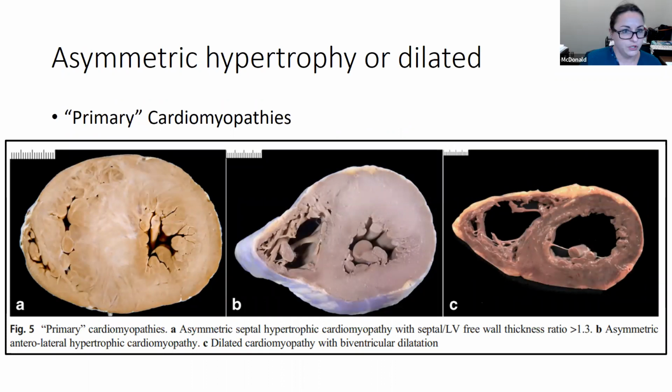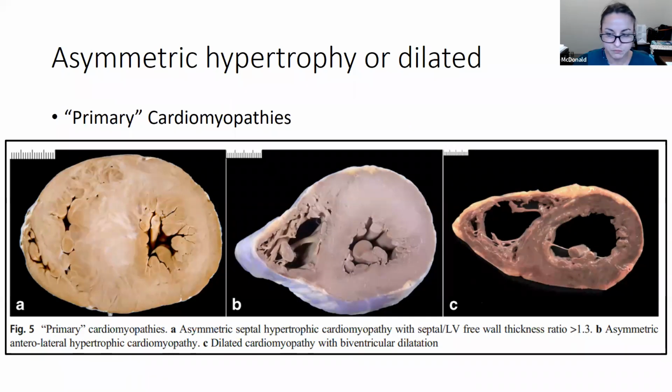So moving on to the primary cardiomyopathies, I think characteristically, these are the ones that are thought about with the asymmetric hypertrophy. They have a nice image here on the left. That's the disproportionate septal thickening.